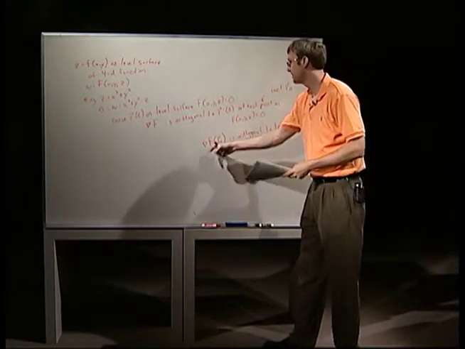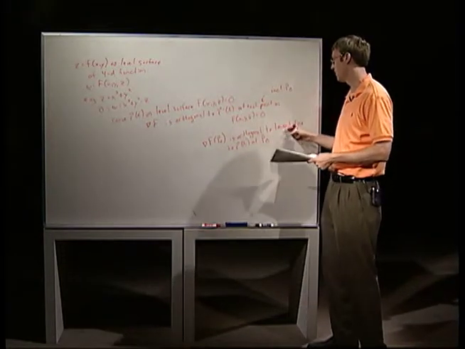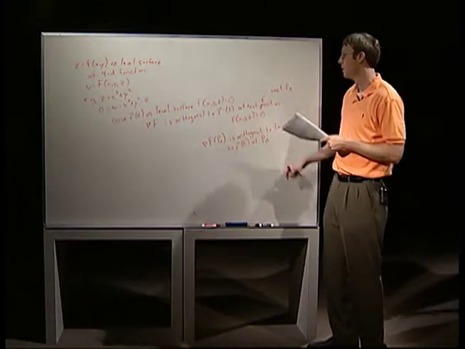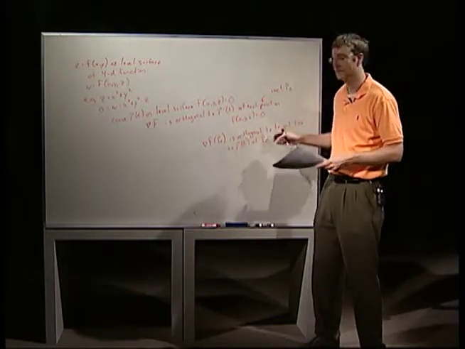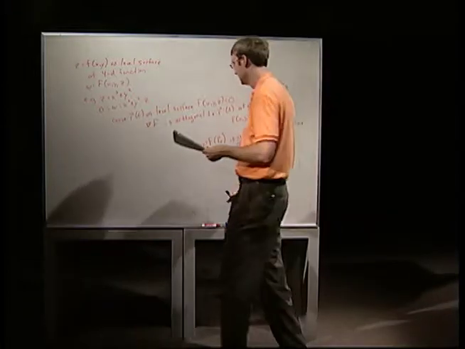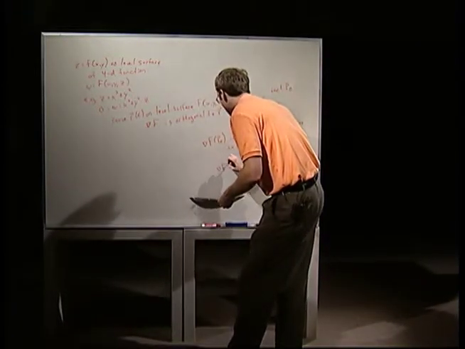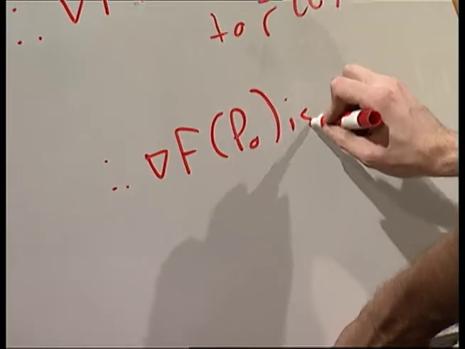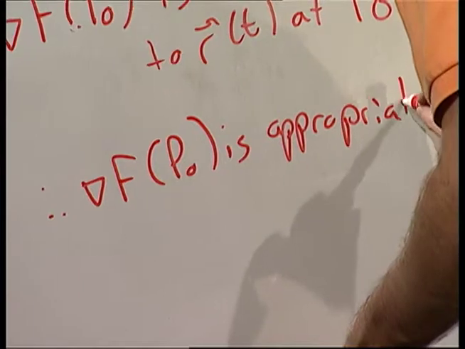He's the guy we want to be orthogonal to all of these tangent lines, right? Because they all lie in the same plane. This vector is orthogonal to this one, orthogonal to all of them, right? So this is the appropriate normal vector to use. So therefore, grad f of p naught is the appropriate normal vector.